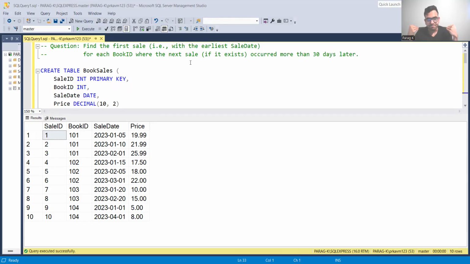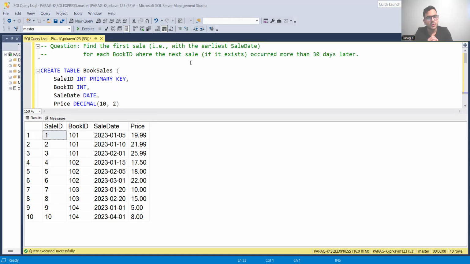So let's go to the question. The question says: find the first sale, that is the earliest sale date, for each book ID where the next sale occurred more than 30 days later. Think from this perspective: imagine you own a bookstore, and you want to find out which of those books are getting sold only once in a month, and then sold again the next month or probably after a month.